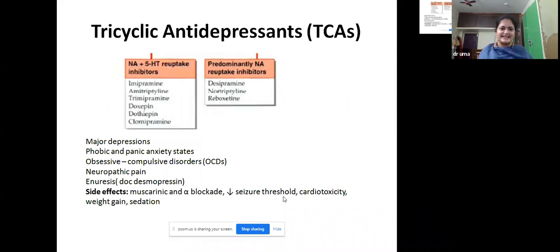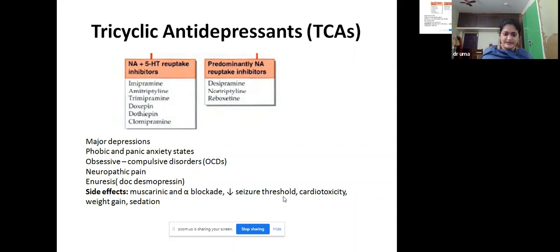Tricyclic antidepressants are noradrenaline serotonin reuptake inhibitors, predominantly noradrenaline reuptake inhibitors. Predominant ones are desipramine, nortriptyline, and reboxetine. Non-selective ones are imipramine, amitriptyline, trimipramine, doxepin, dothiepin, and clomipramine.